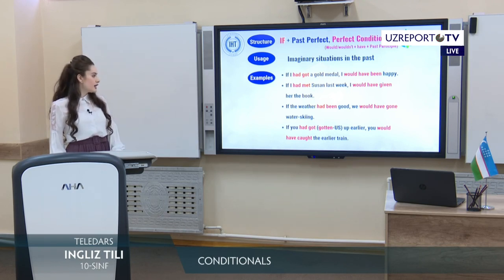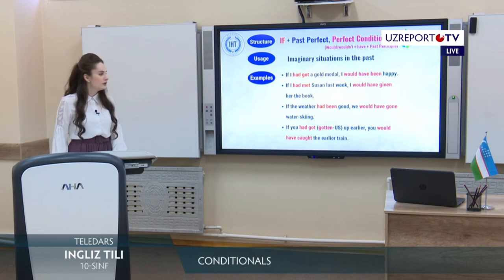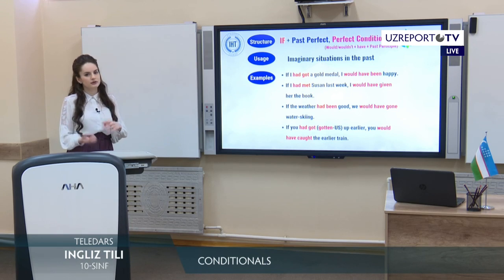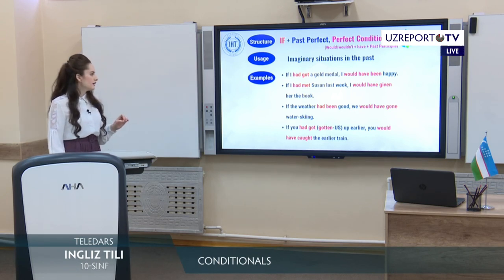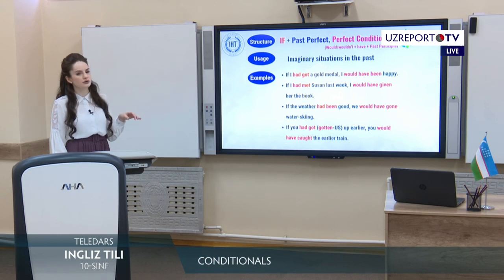Well, examples. If I had got a gold medal, I would have been happy. Well, in the past, if you had got that medal, you could be happy now. But you are not, that's why I would have been happy. Or, if I had met Susan last week, I would have given her the book.